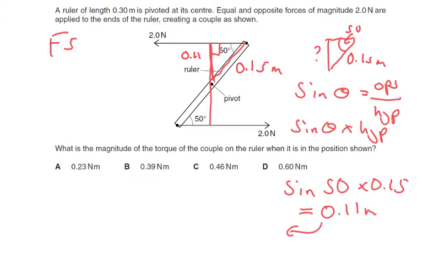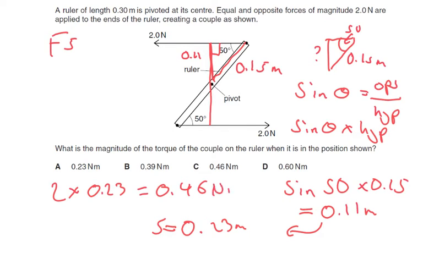If we double it, we're going to get 0.23 meters. So this is our S. So 2 times 0.23, okay, we get 0.46 Newton meters, which is C.